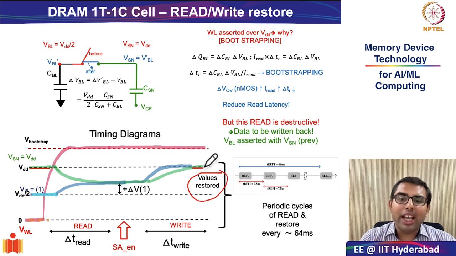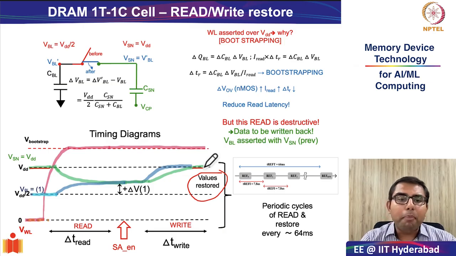So this periodic cycle of read and restore has to be done every 64 milliseconds, even if you do not do a specific read operation. And that is because there is leakage through the storage node of the capacitor, something that we discussed in detail in the previous class.